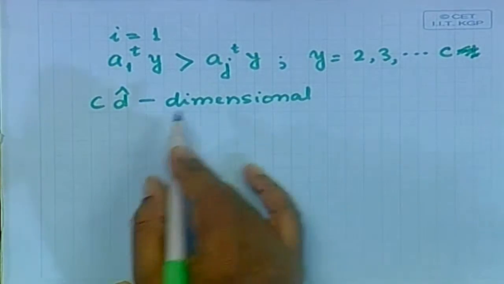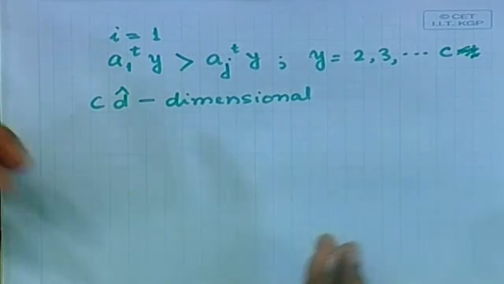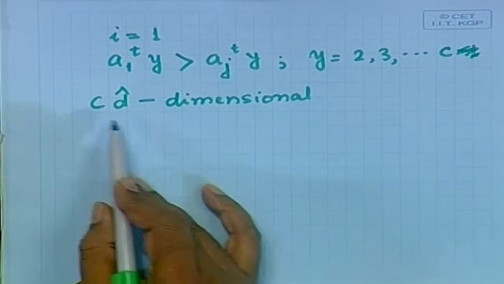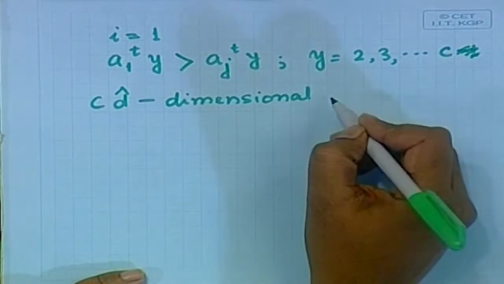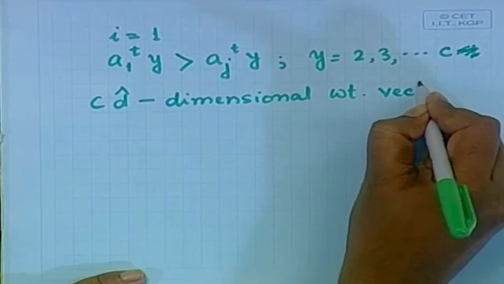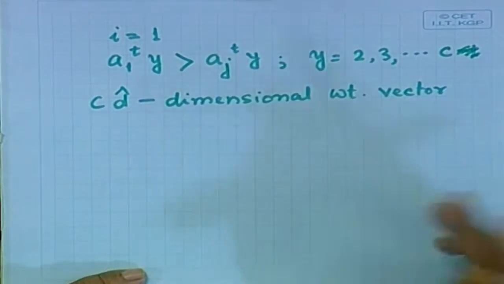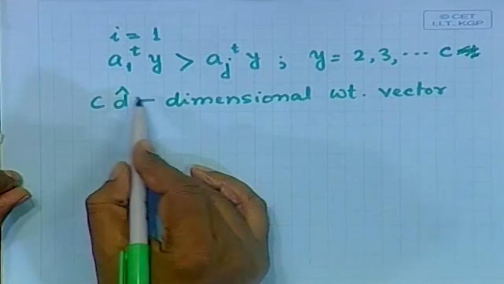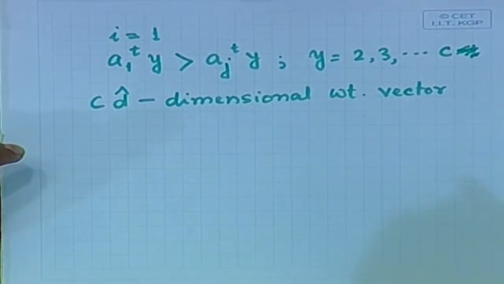So all these inequalities can be put in a unified form in a single expression if I consider a C times d hat dimensional weight vector. I am using the same terminology as earlier: my weight vector is actually d dimensional, so after appending 1 it becomes d plus 1 dimensional, and that d plus 1 we take as d hat.